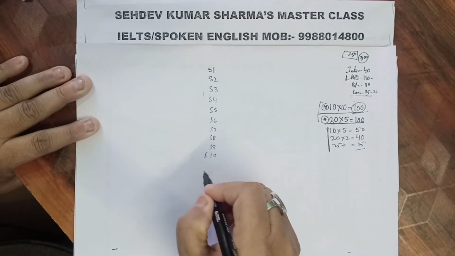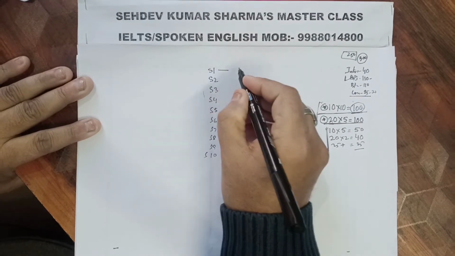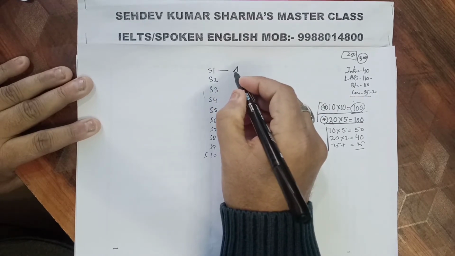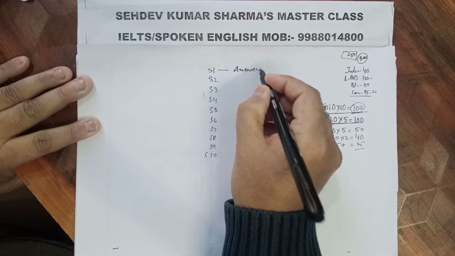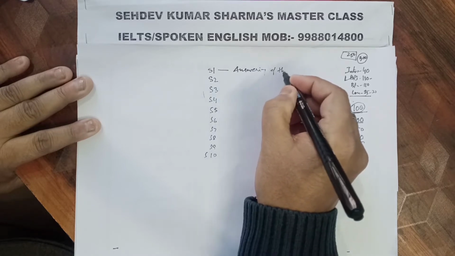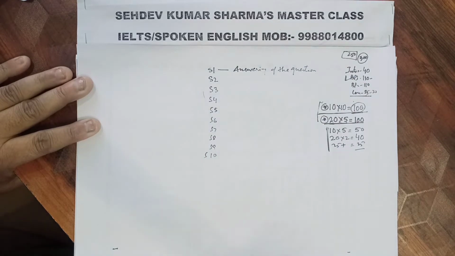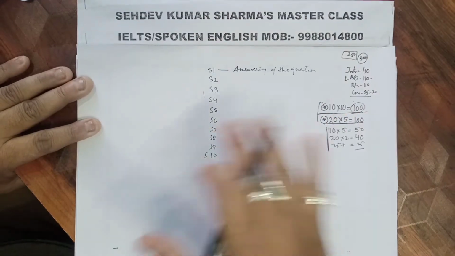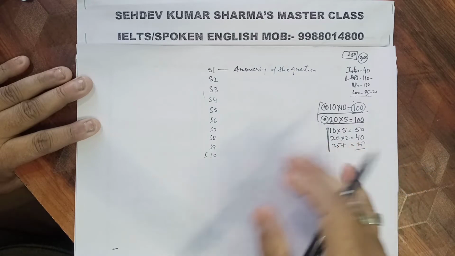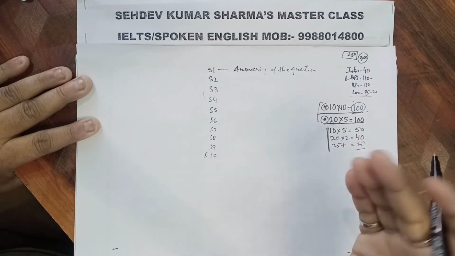I need only 10 sentences. The first one should start with answering the question. Now what question have they asked? Suppose they asked me about the advantages of non-veg. This is a topic related to food. So I have discussed that there is a health advantage, or an economic advantage, business is running good.